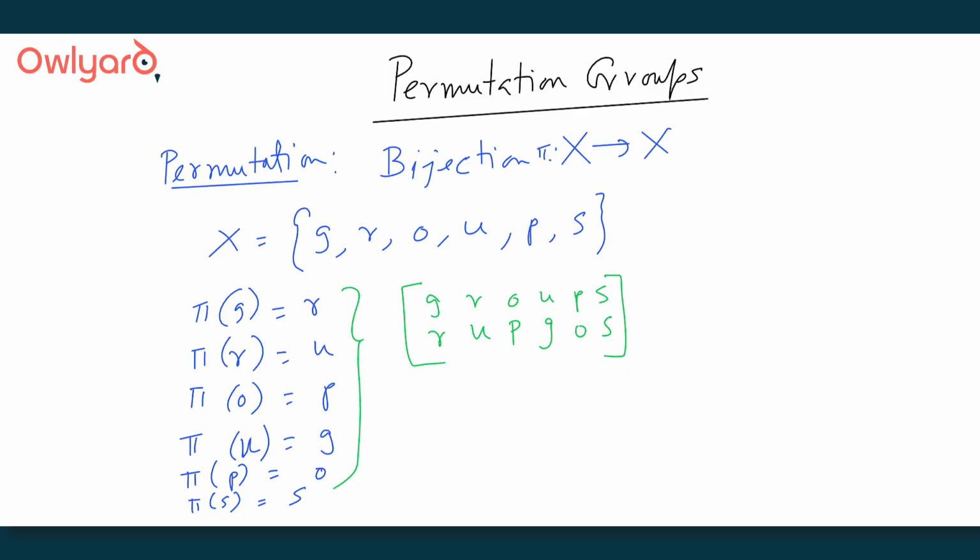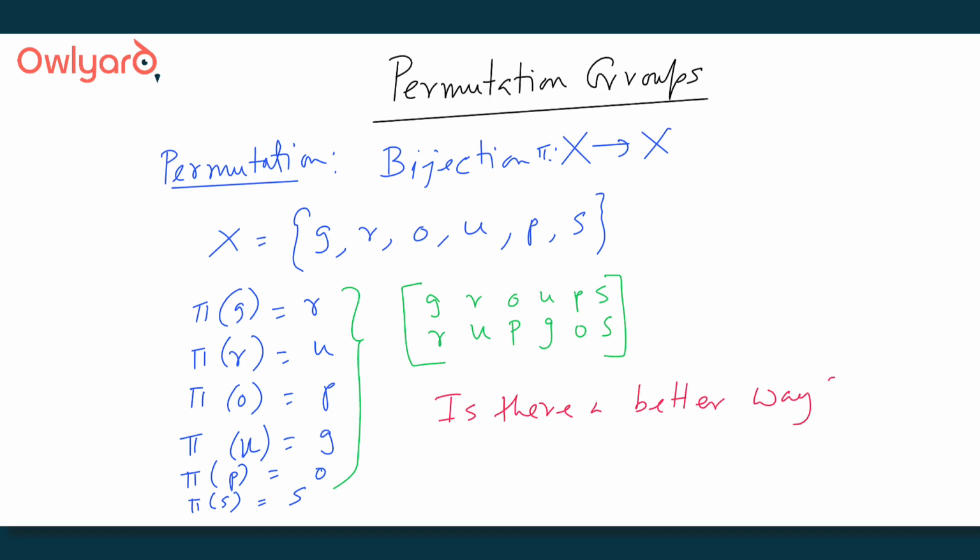But even this is quite a bit. For example, if a set X has n number of symbols, then in order to represent one permutation, you need to write 2n number of symbols. So the question is, is there a better way?